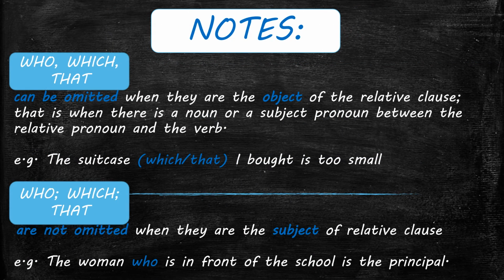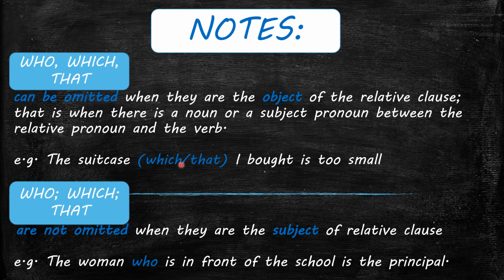Now I'm going to deal with some notes. Who, which, and that can be omitted when they are the object of the relative clause. That is, when there is a noun or a subject pronoun between the relative pronoun and the verb. Example: the suitcase (which/that) I bought is too small.